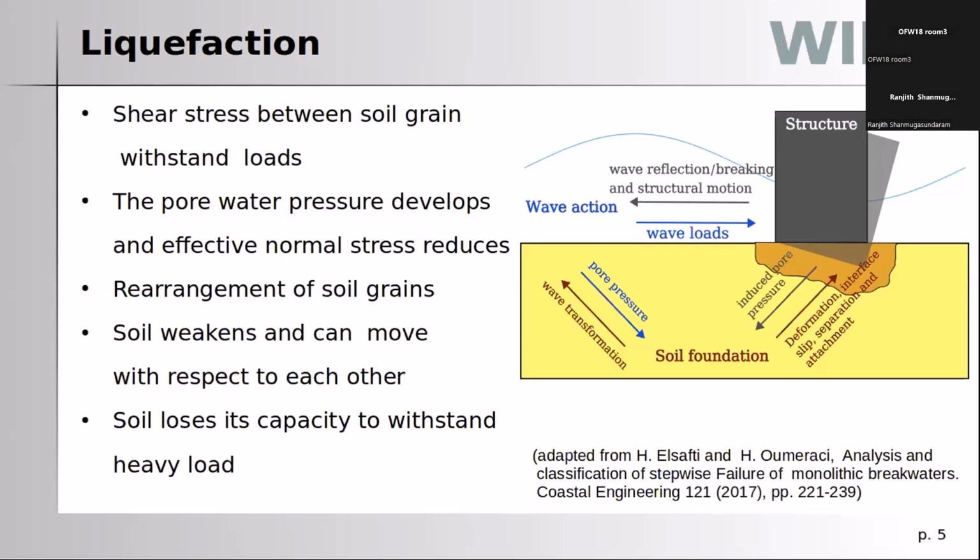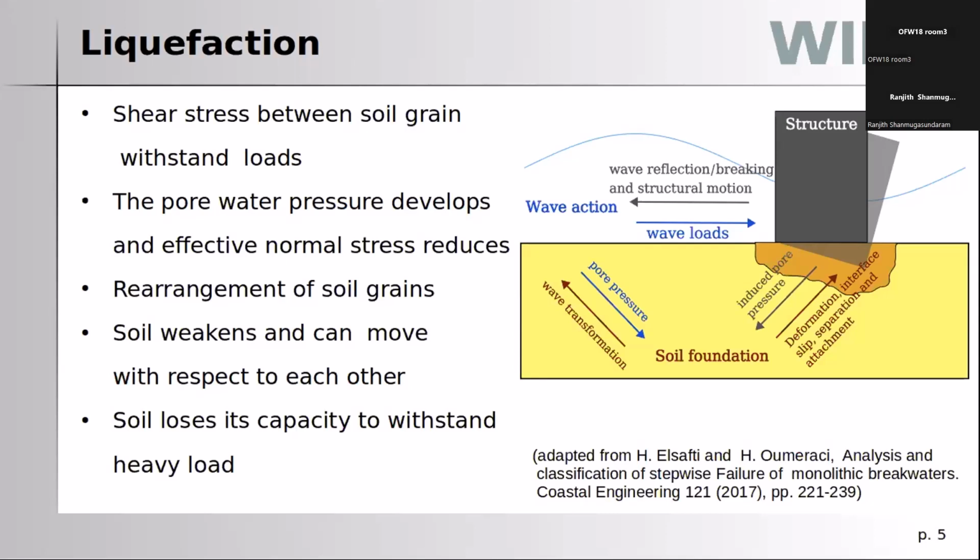It goes on increasing such that, during heavy load, the water molecules between the soil grains do not have time to squeeze out of the soil grains, and they remain between them. Because of the high load, a high pressure is created, and at some point the pressure becomes greater than the initial stress between the soil grains, and then the bonding breaks.